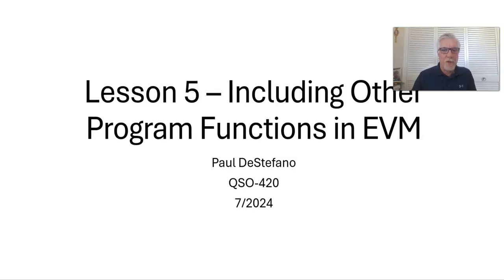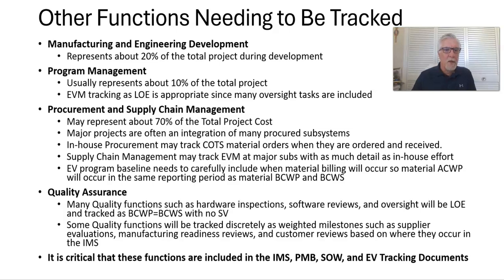In this lesson we will briefly discuss the other functions that need to be included in your earned value tracking. We've already discussed in very much detail the manufacturing and engineering development functions of the program, and this usually represents about 20% of the total project during development.